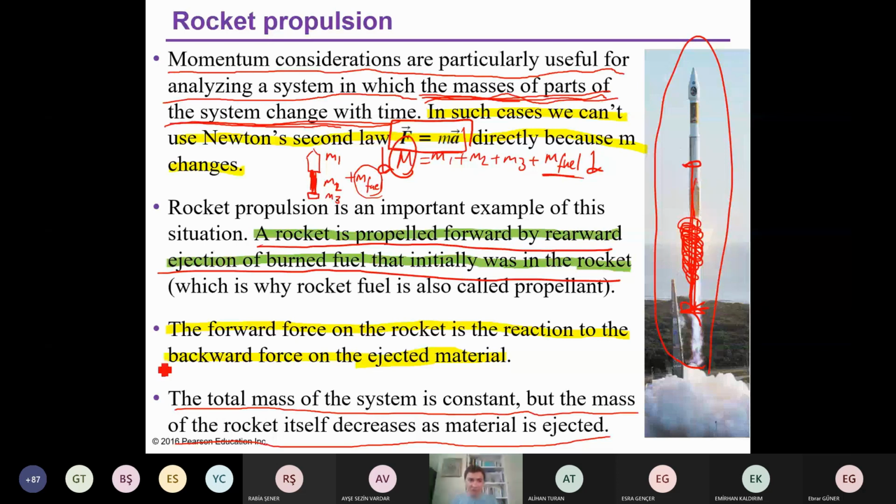So the forward force on the rocket is the reaction to the backward force on the ejected material, ejected fuel, okay? The total mass of the system is constant, but mass of the rocket itself decreases as material is ejected.